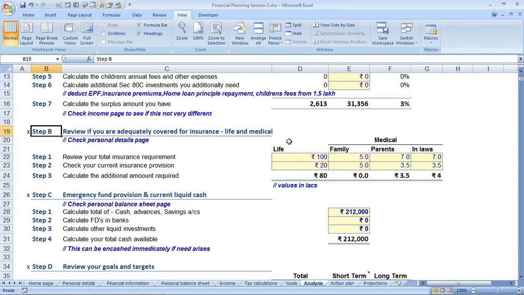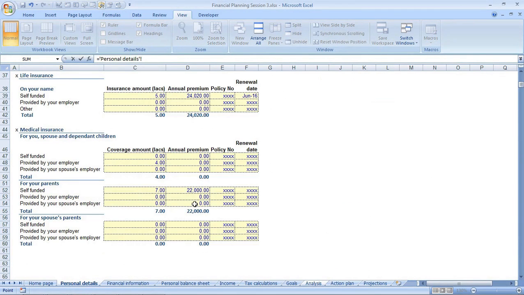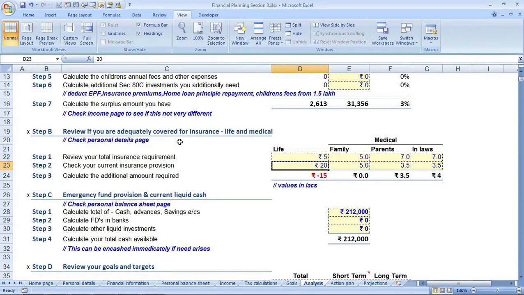The next step is reviewing if we are adequately covered. Life insurance cover is only 5 lakhs.